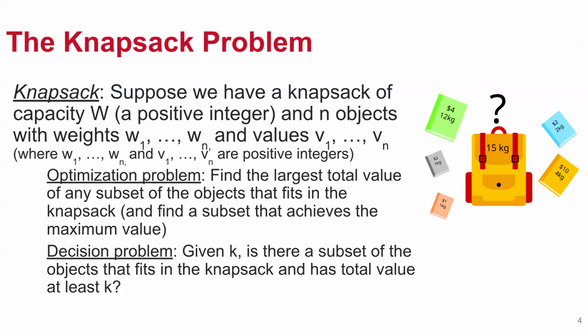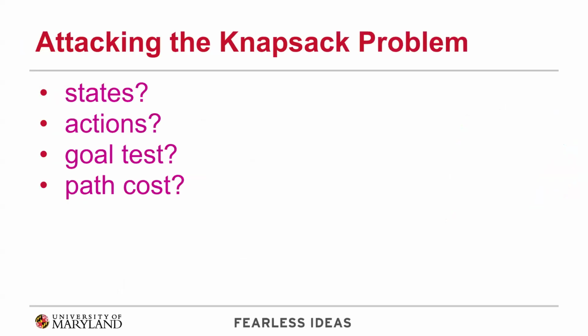For example, you have to choose the items having the greatest total value, and they have to fit into the bag with capacity W. So here, can anyone guess the state, action, goal test, and path cost for this particular problem?